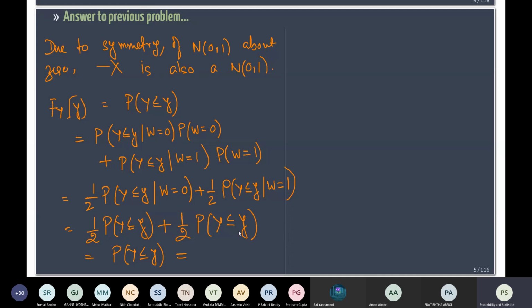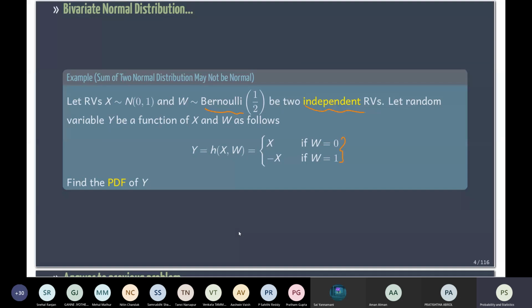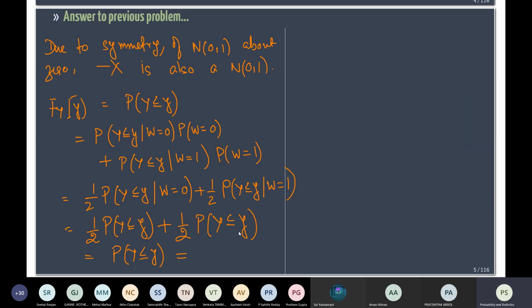So where is the X in the picture, right? Because I have to derive things in terms of X, so I should start substituting Y with X actually, right? So I have made a mistake here. Let me correct this, because I have to fall back on X because that is the given thing, right?